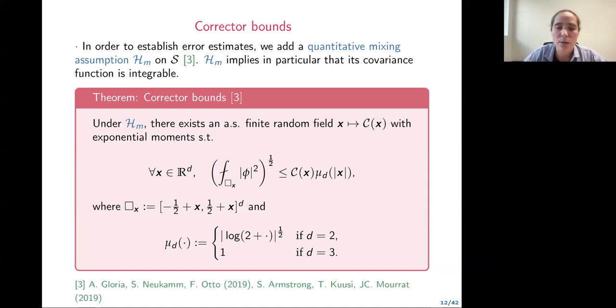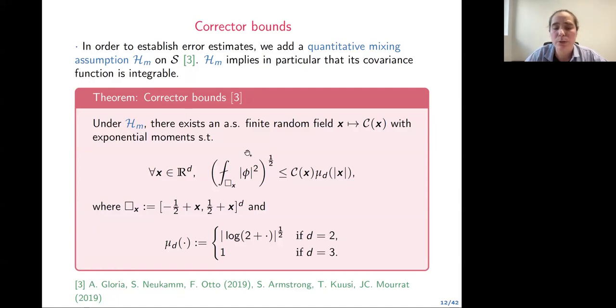I told you that the scatterer process needs to decorrelate at infinity, and actually, what we need is a quantification of this decorrelation. I did not write the specific quantitative mixing assumption that we use because it's quite technical, but it implies in particular that the covariance function of the inclusion process is integrable.